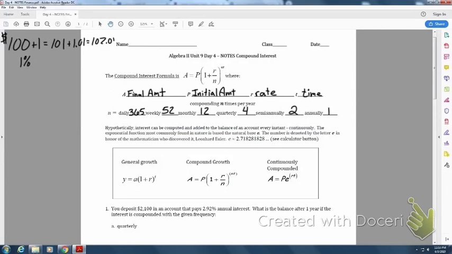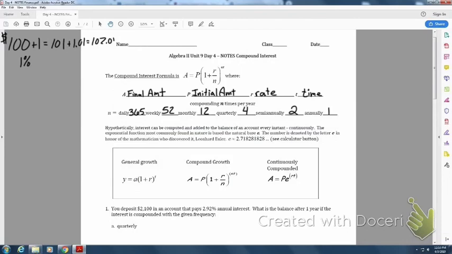There is another way to compound something other than those, which gets into this compounded continuously. So I'll read through this and kind of explain a little bit. It says, hypothetically, interest can be computed and added to the balance of an account every instant, which is considered continuously. The exponential function most commonly found in nature is based on the natural base e.